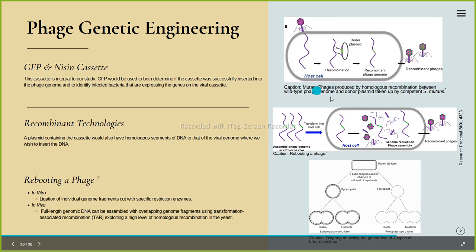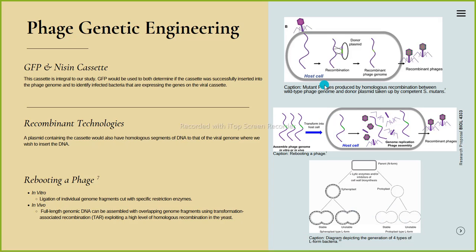And these other 2 diagrams are just showing the different types of recombination that we can do, and also the rebooting of a phage. So the introduction of the DNA into the L-form bacteria would then produce all of the peptides that are encoded on this DNA, and thereby producing the recombined phages.